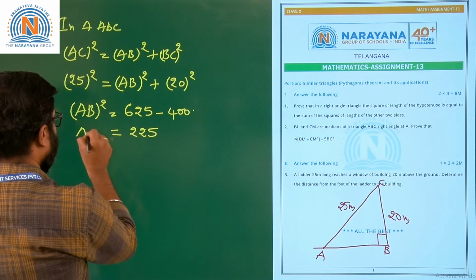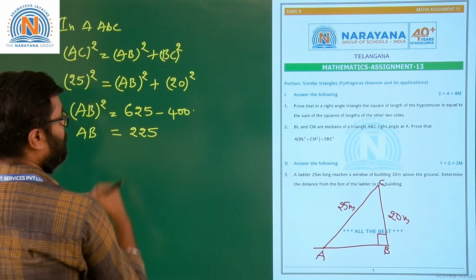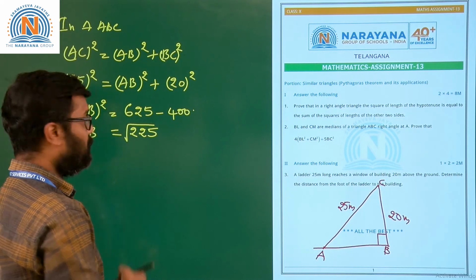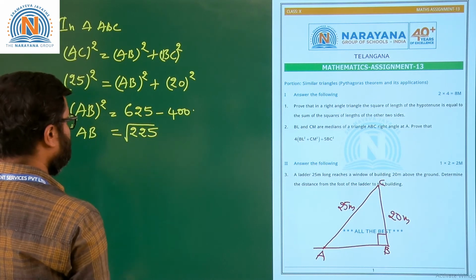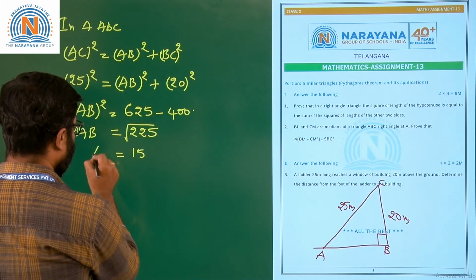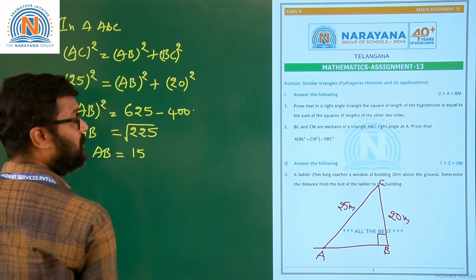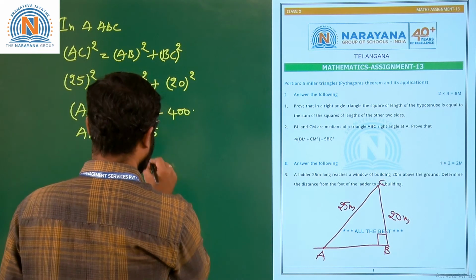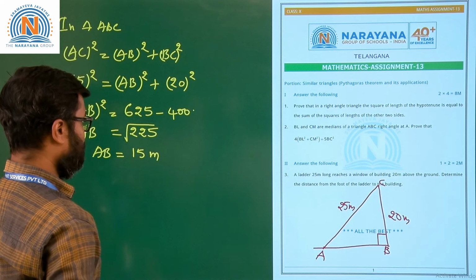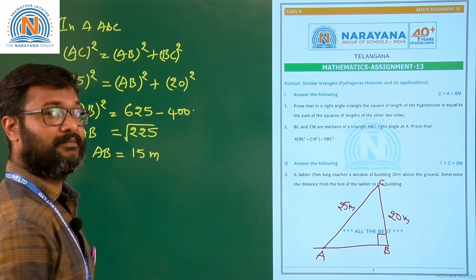So AB square is equal to 225, then the square is transposed to RHS and it becomes square root. Now this is equal to what, children? 15. Now AB is equal to what, children? 15 what? Meters, the unit is compulsory, we need to denote that, 15 meters.